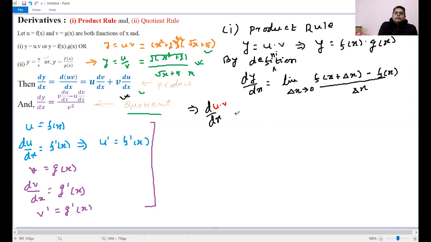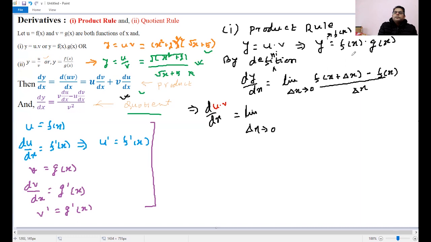That means u times v is f(x) times g(x). So if you proceed further from here, and this is delta x, you can write the limit as delta x tends to 0, and upside you can see that there is an increment in x. In general it is like f(x), so there is x plus delta x, and we are talking about y.